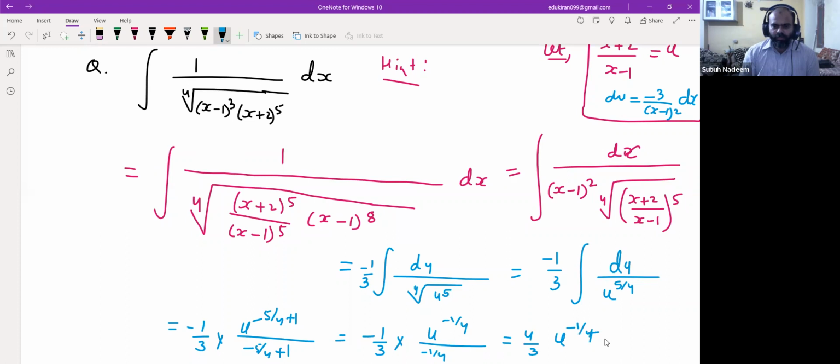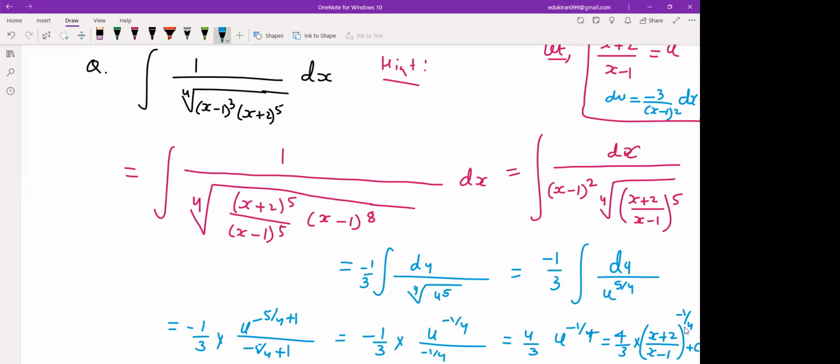So 4 by 3 into u, which was x plus 2 by x minus 1, so x plus 2 by x minus 1 to the power minus 1 by 4, plus c. This is what the answer will be. Yes, sir, done.